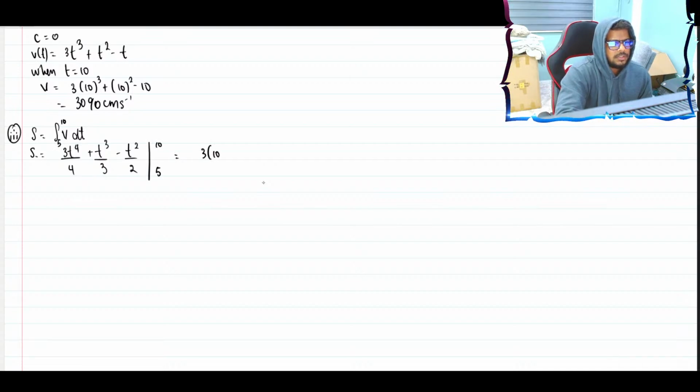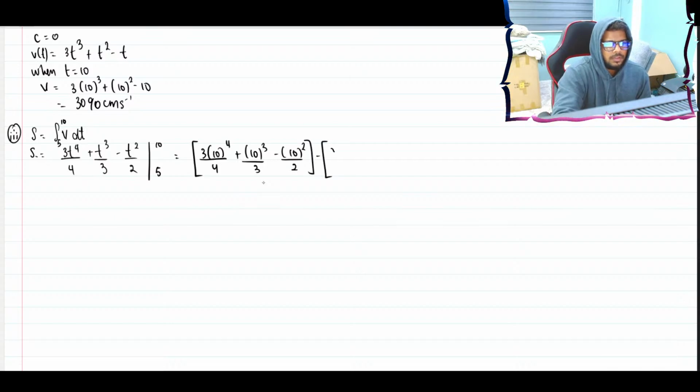3 into 10 to the power 4 over 4, plus 10 cubed over 3, minus 10 squared over 2, take away 3 into 5 to the power 4 over 4, plus 5 cubed over 3, minus 5 squared over 2.